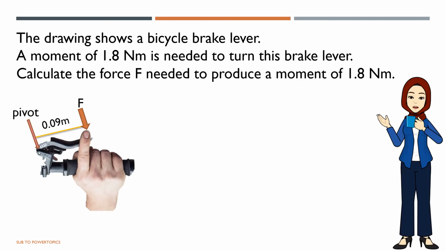For the next question, the drawing here shows a bicycle brake lever. A moment of 1.8 Newton meter is needed to turn this brake lever. Calculate the force F needed to produce a moment of 1.8 Newton meter. The answer, so we need to find the force.